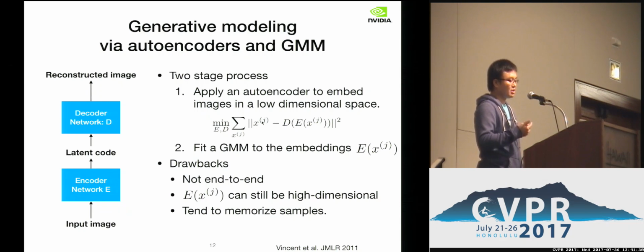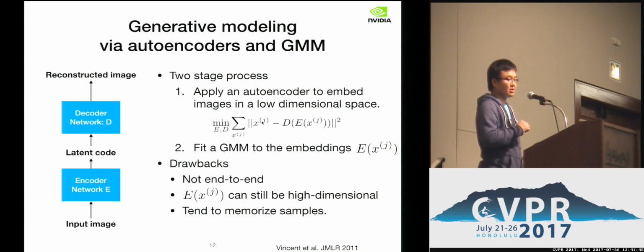Once we have the encoder parameters, we can apply it to embed all the images into latent codes, and we can apply a Gaussian mixture model. This way, combined with the decoder, we can generate samples. This is a very straightforward approach, very simple, but it is not end-to-end.